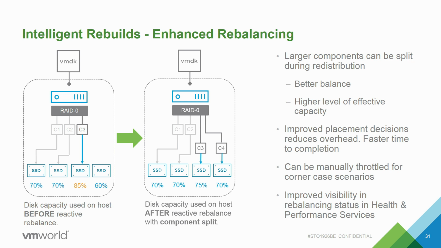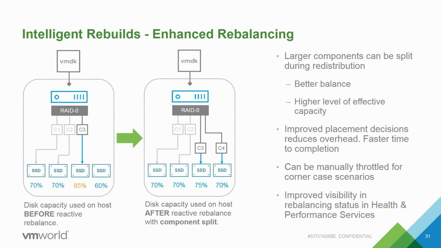We've also introduced in vSAN 6.6 the ability to throttle the resyncs. Now, this had come up in a number of cases where there was an abnormal amount of resync activity, and we really needed a way to provide some control of that.